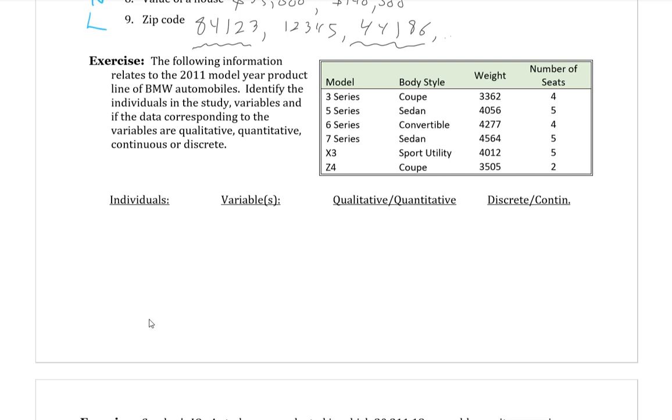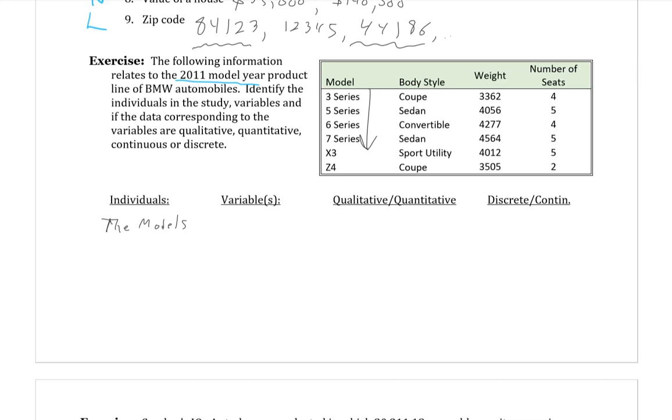All right, so looking at this table here, we're looking at the 2011 model year product, and we have the models listed here. These models are your individuals. So the 3 series, the 5 series, the 6 series, and each of those models have some variables that describe them.